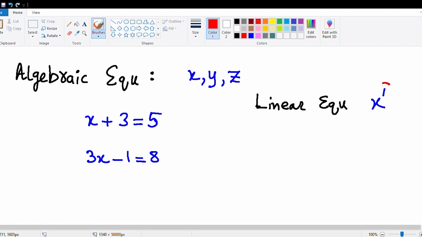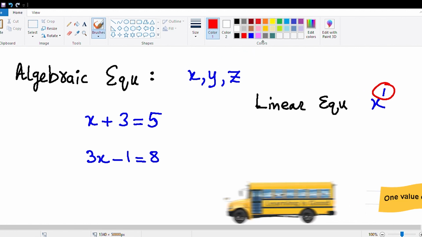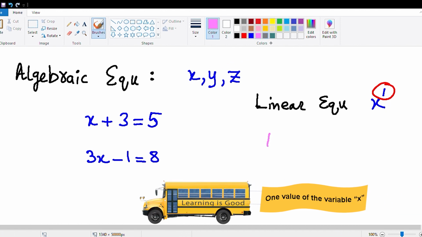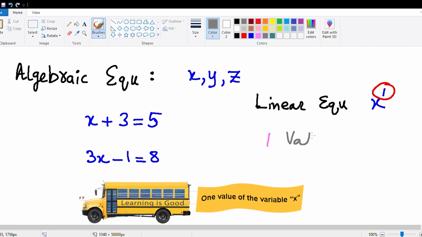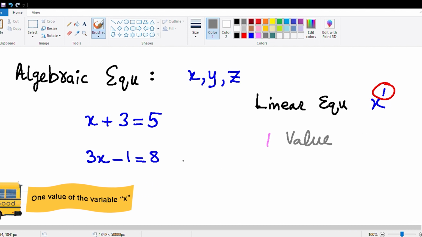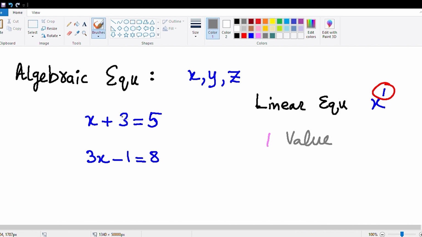What this power indicates is that there's only one value of x, meaning one result when you solve the equation. And that's true. If you take 3 to the other side, you'll get only x's value. If you take 1 to the other side and then divide by 3 on both sides, you'll get the value of x as well. So there's only one value. That's what linear equations mean.